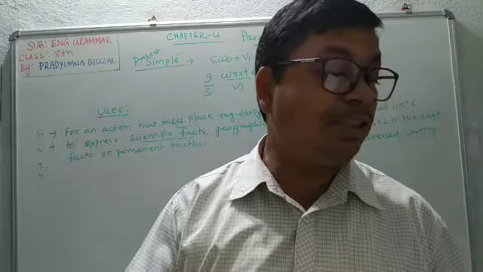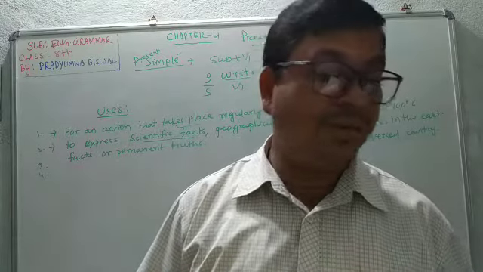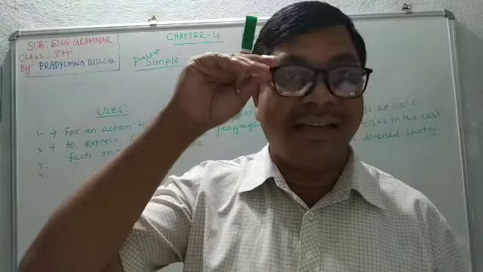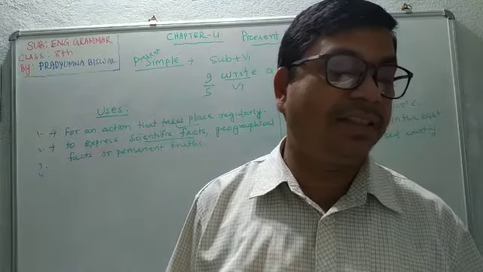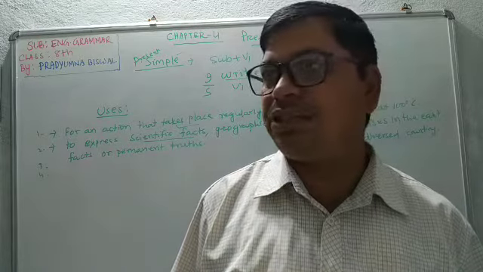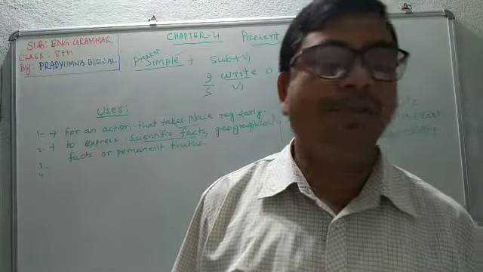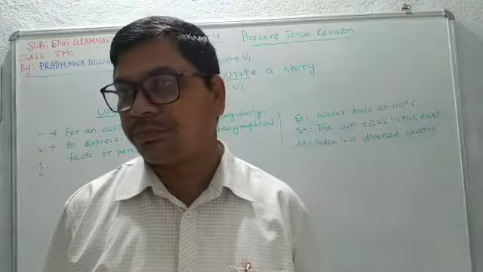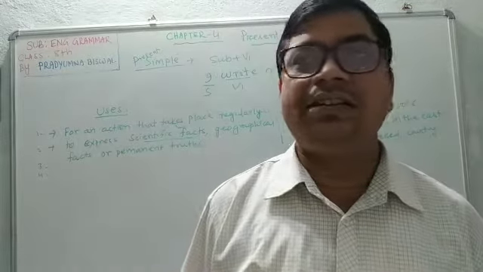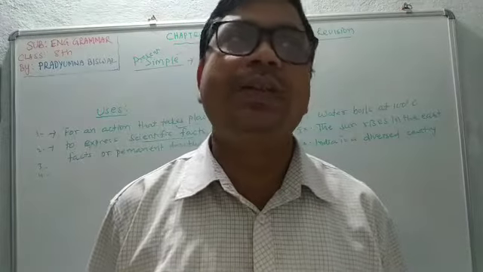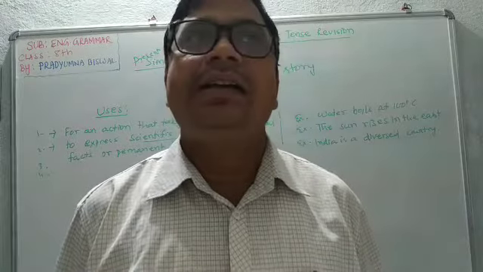To express a future event that is already planned, we also use present simple, like the train leaves the station at 4 p.m. tomorrow. Okay, so to express a future event that is already planned, we also use present simple.